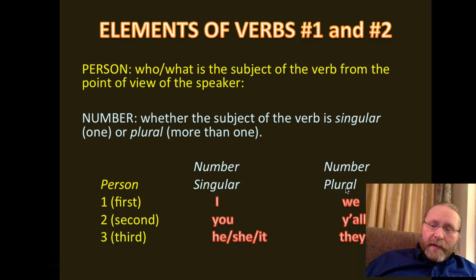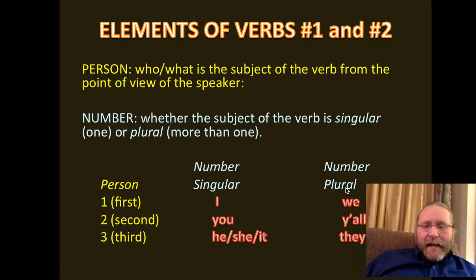In the mind of the speaker, if I'm putting the subject of the verb into the person I'm talking to, that becomes second person. The second person adds to these possibilities of verbal action. And that becomes you, or you all in terms of plural, or yous, I suppose, if you're over in Boston.